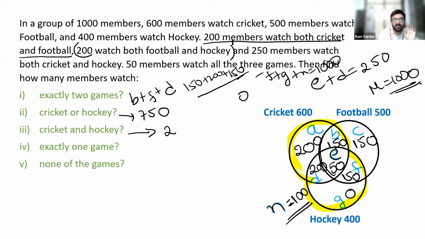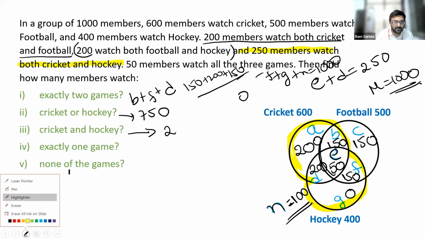That's given here. 250 members watch both cricket and hockey. That's given in the question. So your answer will be 250.